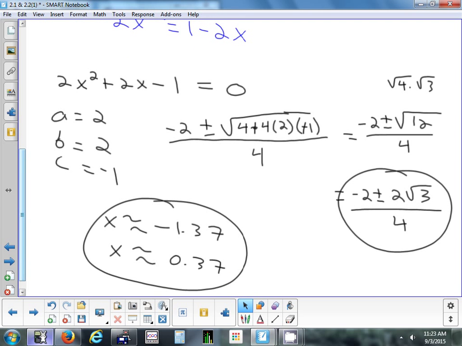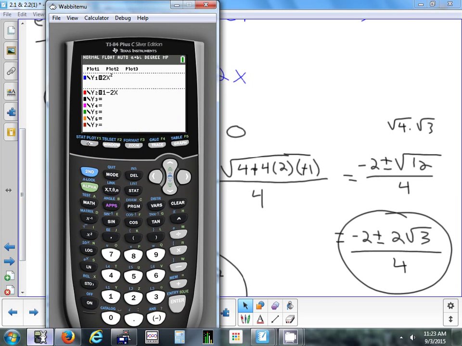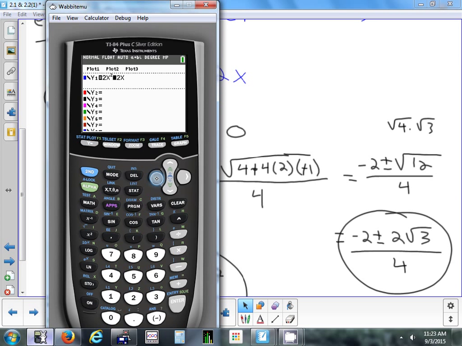Now, if you didn't want to type it in and do an intersect, you could do this step. I could type it in this way, as 2x squared plus 2x minus 1. Just watch this part. What am I looking for now?